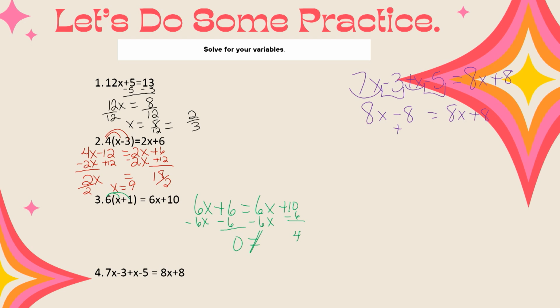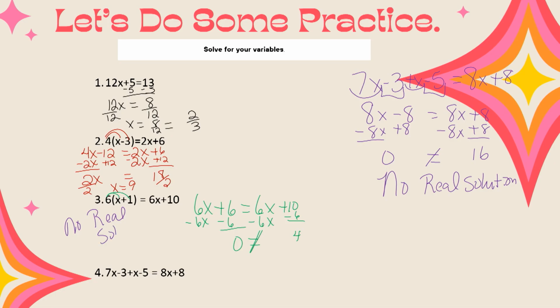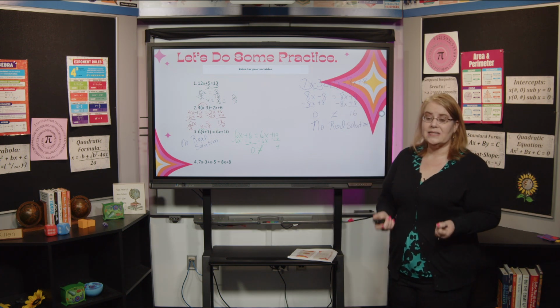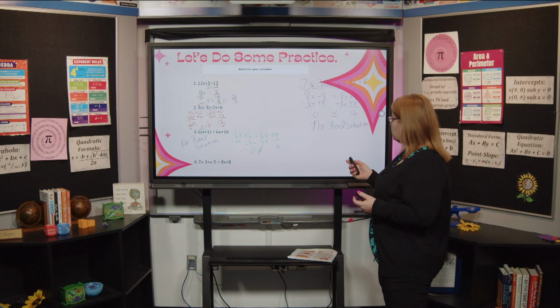So I'm going to add 8 to both sides, get 16. Subtract 8x on both sides, get 0. So I have no real solution for number 4, and I have no real solution for number 3. Make sure that your math is correct, and you will see if you do or you do not have an equation that equals.